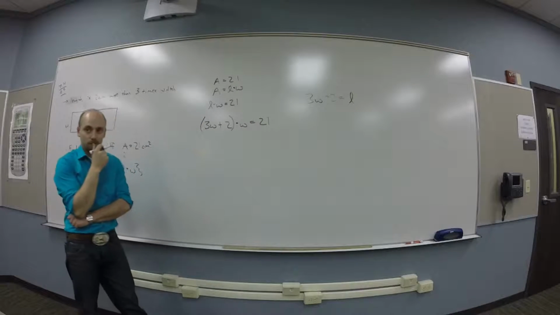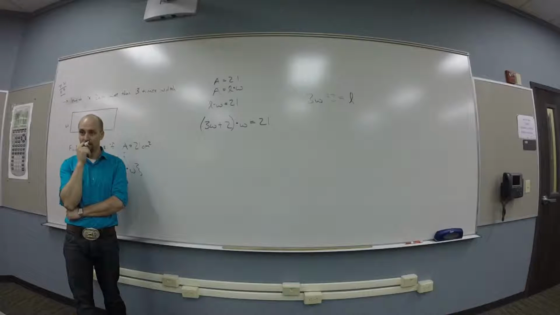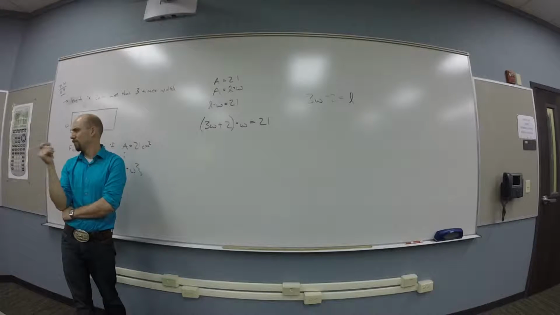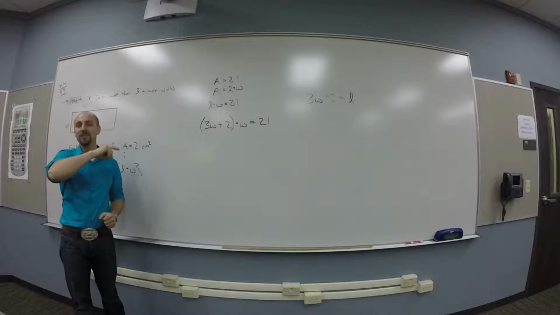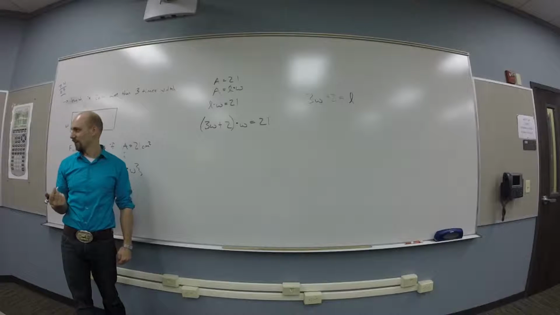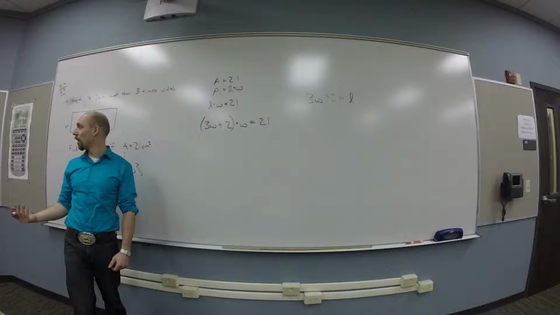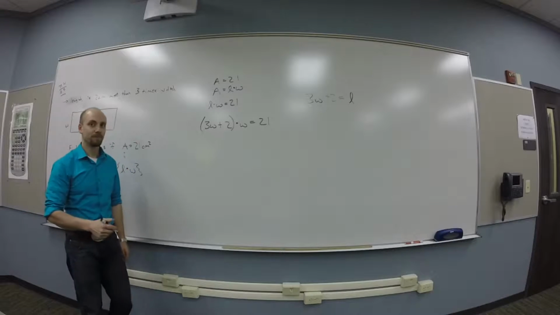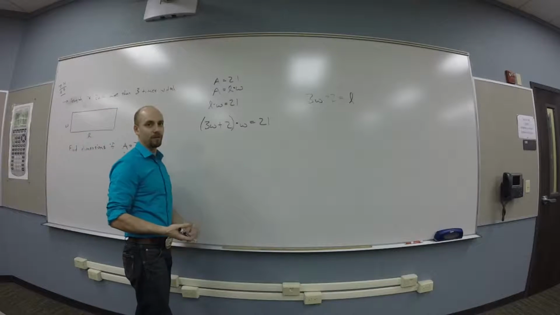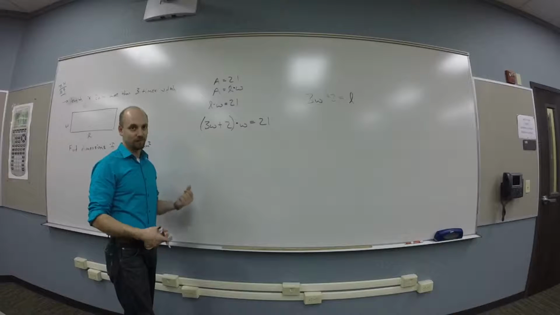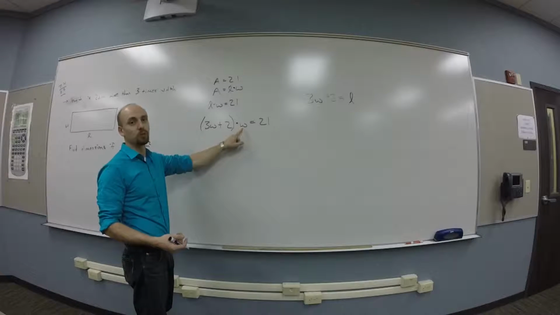Okay, then what? Well, not 4. Just times it out. It's distribute, right? Why is it not a FOIL? Because it's not 2 binomials multiplied together, right? I don't have to account for outsides and insides and firsts and lasts because there's really just this one thing here.